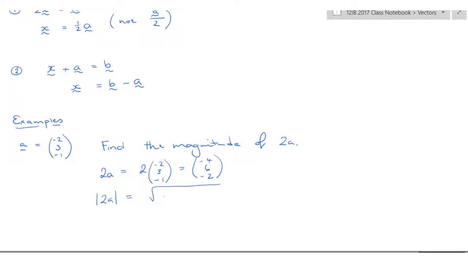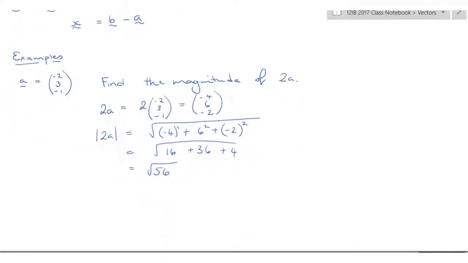So now we're just squaring: (-4) squared plus 6 squared plus (-2) squared. Notice I put them in brackets, otherwise you might end up with negative signs. Remember, they're going to cancel each other out. So -4 times -4 is 16, plus 36, plus 4 gives us the square root of 56.